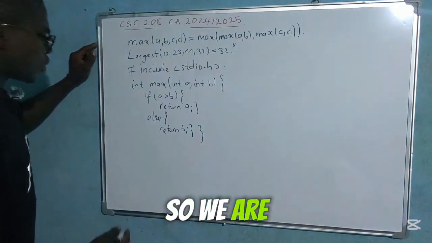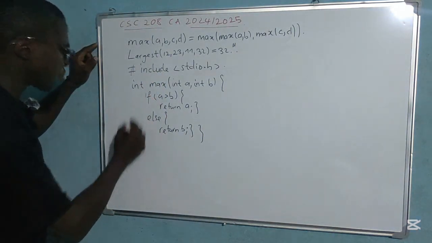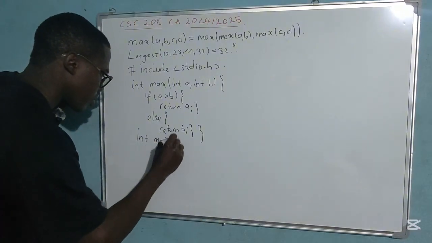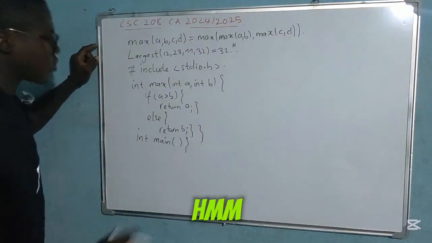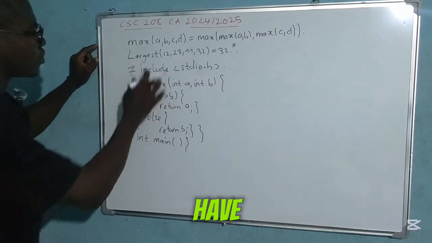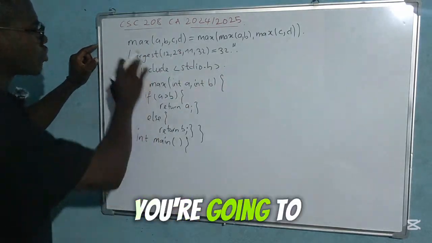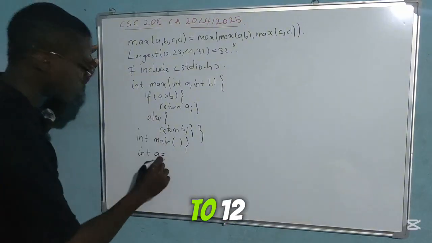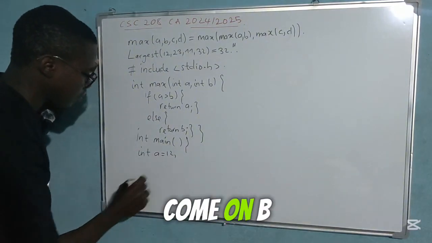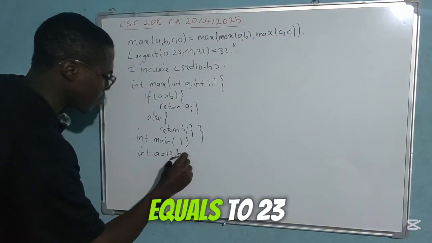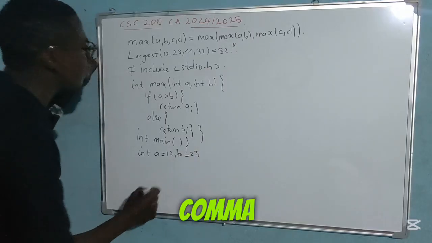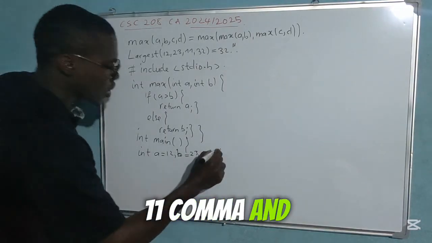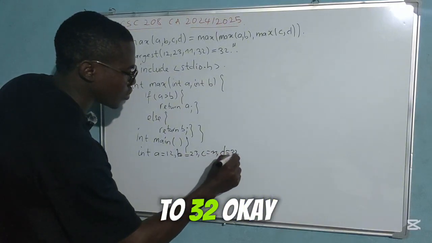So we are going to have int main. Okay, so we are going to use these values directly. So you have int A equals 12, B equals 23, C equals 11, and then D equals 32.